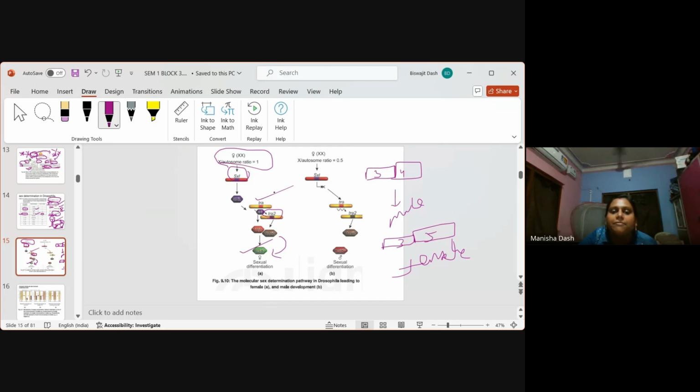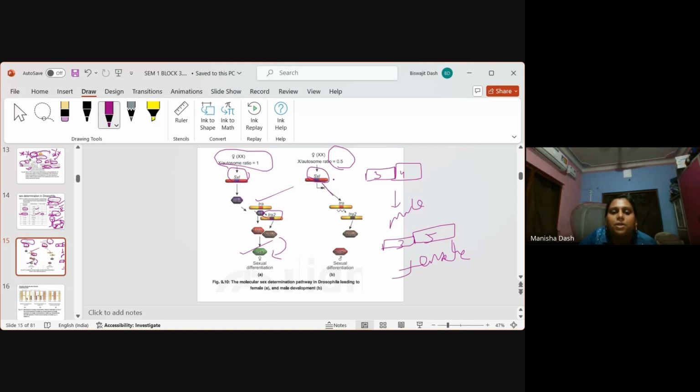Now, if the ratio is 0.5, what will happen? This SXL protein will not be produced.